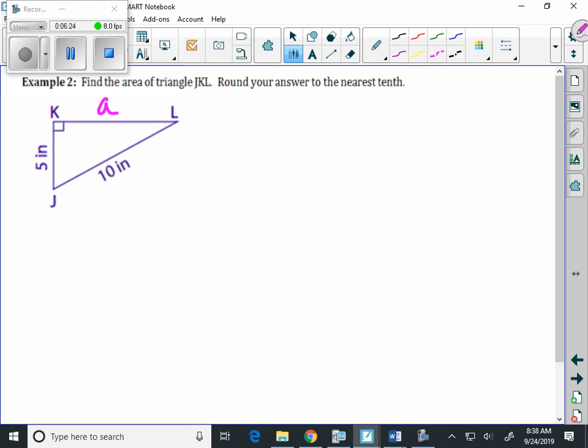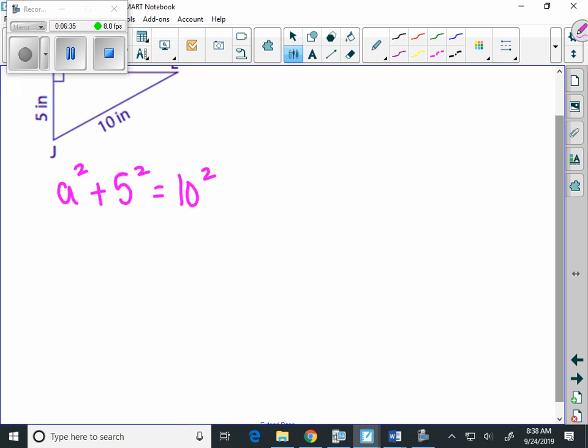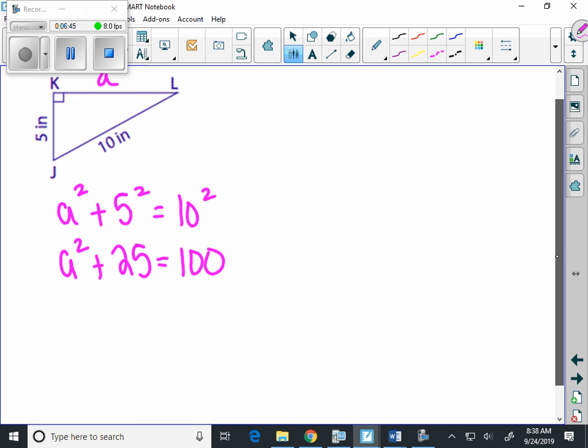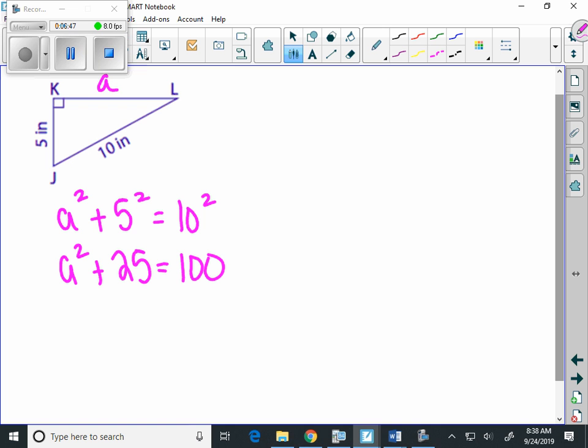And in this particular case, when we set this up, we can say A squared plus 5 squared equals 10 squared. So that's A squared plus 25 equals 100. We need to find that length of side A, which again could be a height or it could be a base.